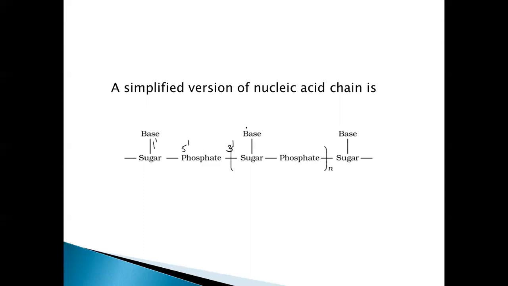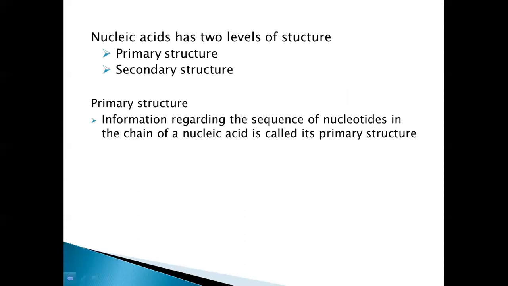Again, this sugar base phosphate, this sugar base phosphate. So this one is a repeating unit. You can see that the sugar with the base and the phosphate is called a nucleotide, and this is repeated number of times, resulting in the long polynucleotide chain, which is nothing but the nucleic acid. So this is how you see the linkage here.